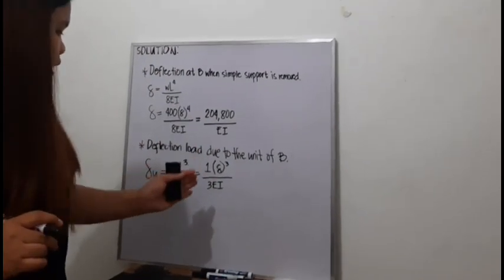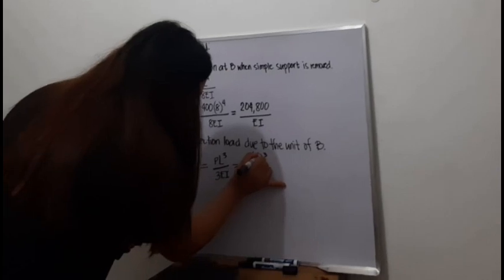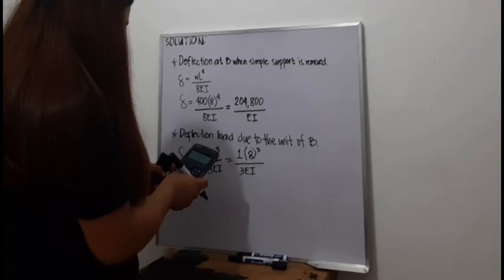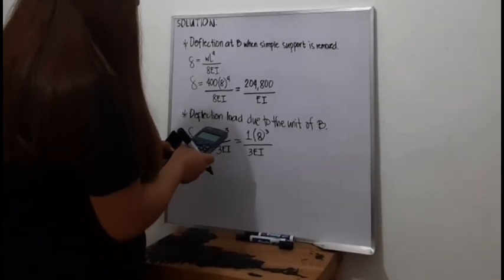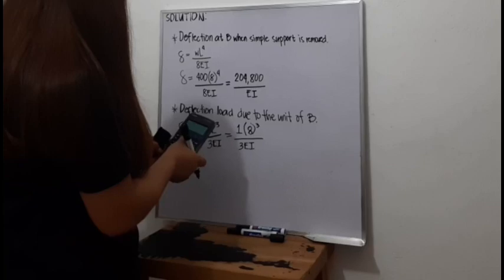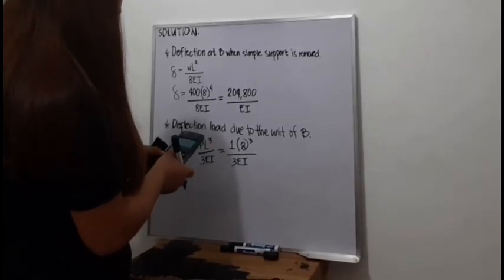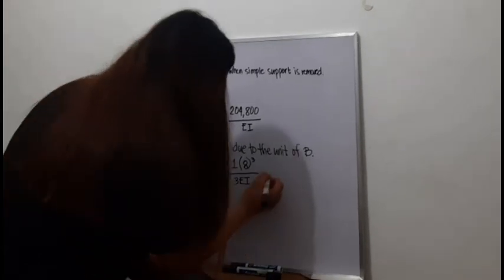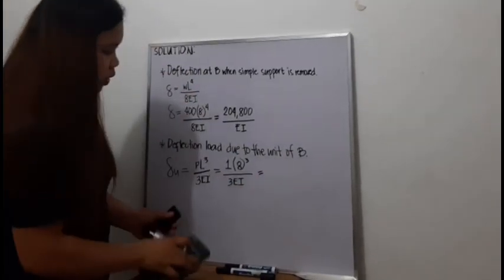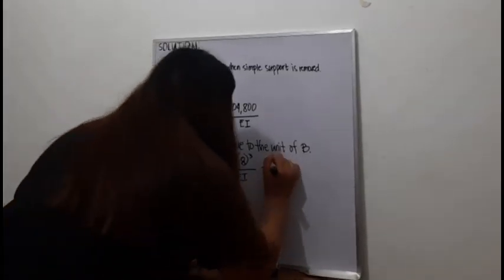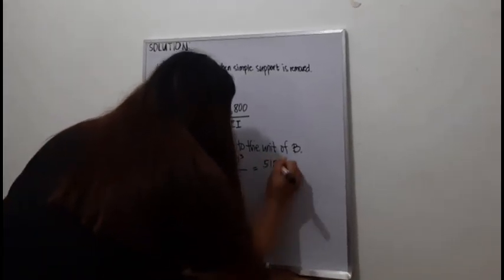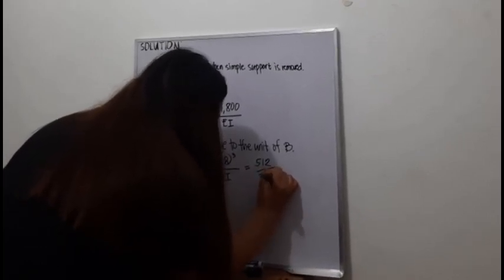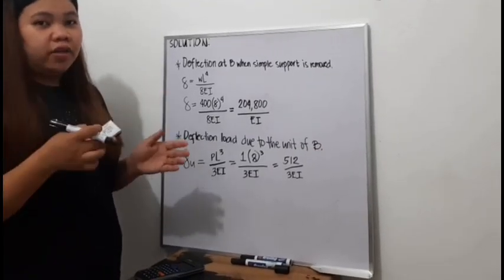So our answer is calculated with our calculator: 1 multiplied by 8 to the power of 3, over 3EI. According to our calculator, the answer is 512 over 3EI.